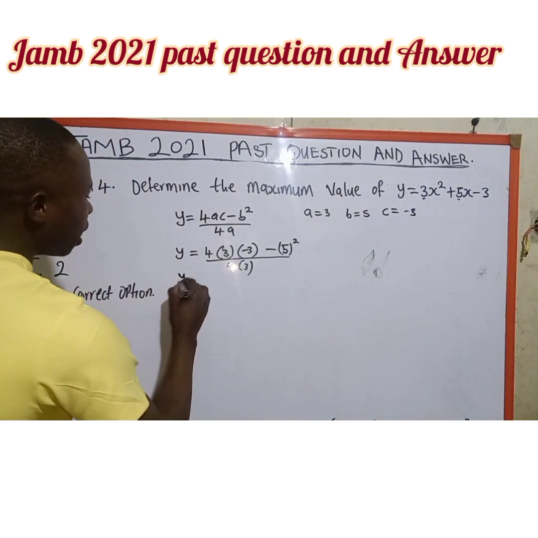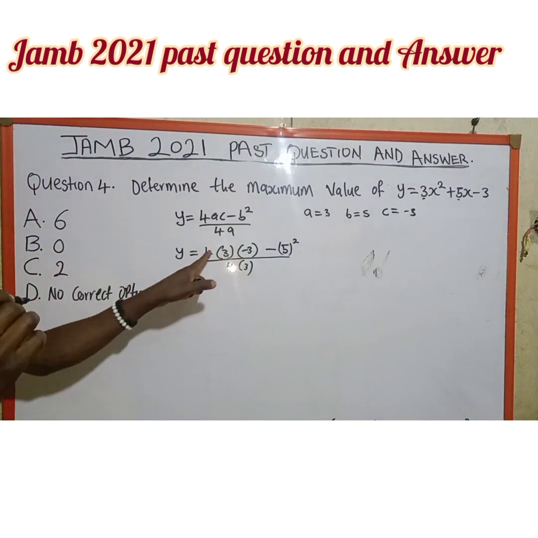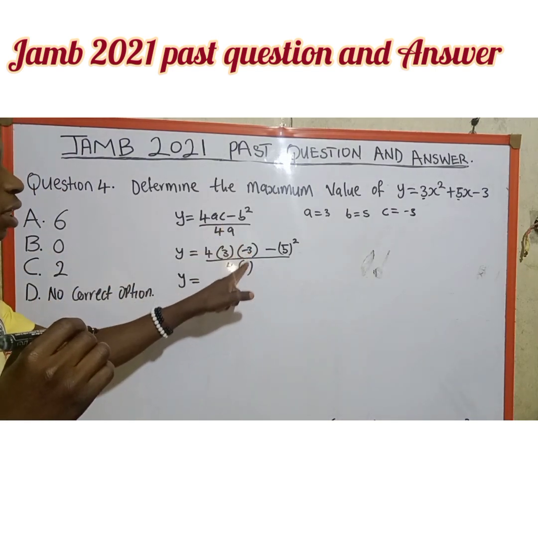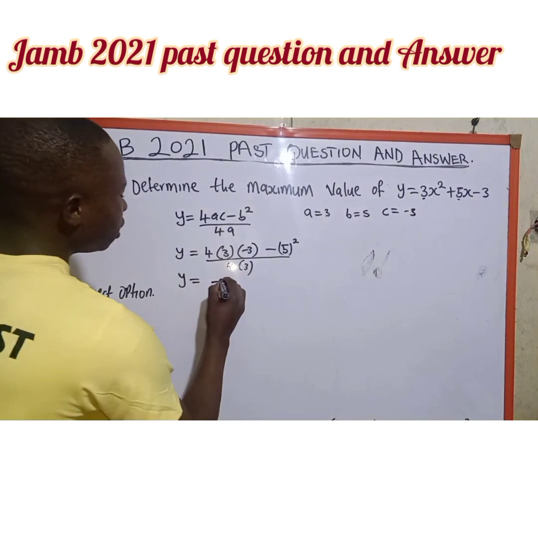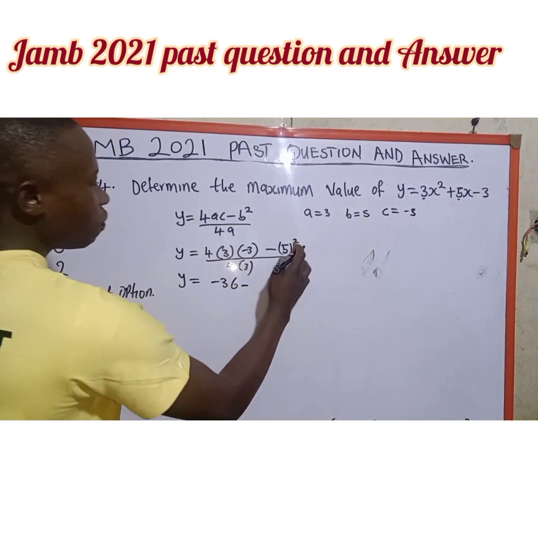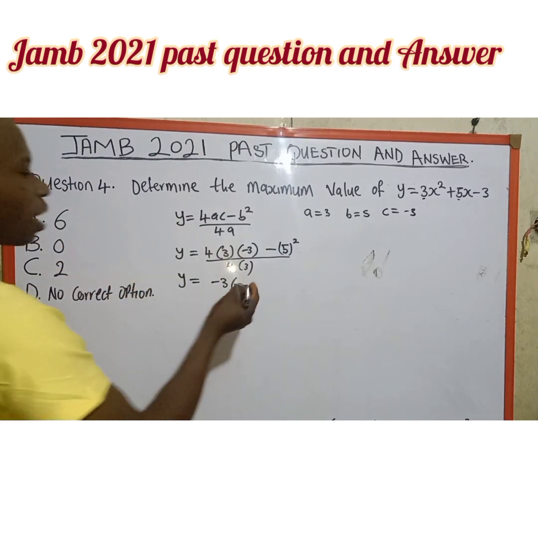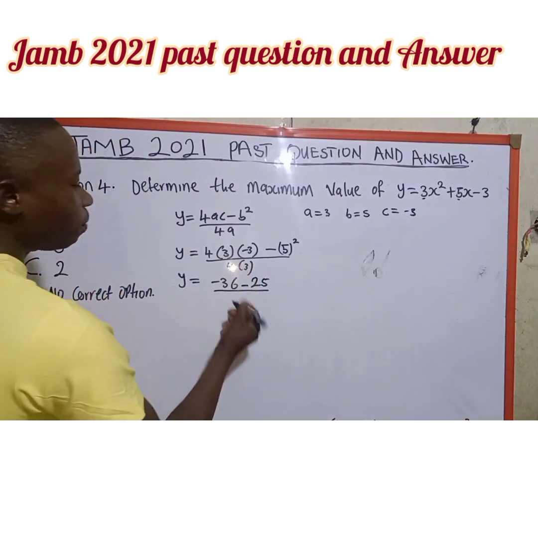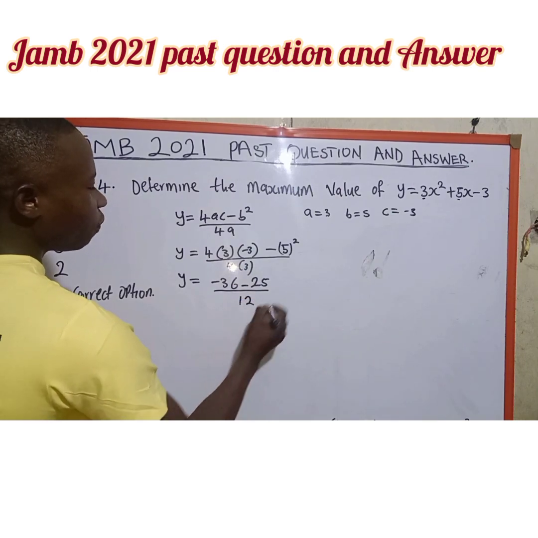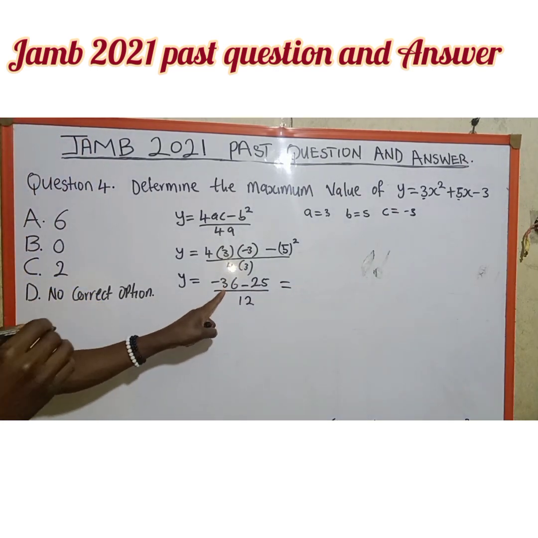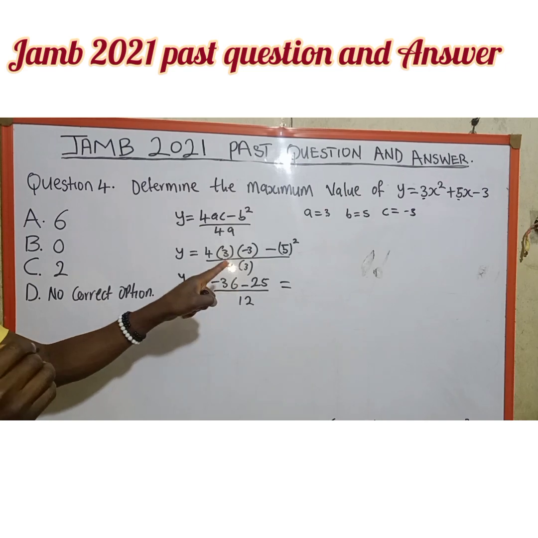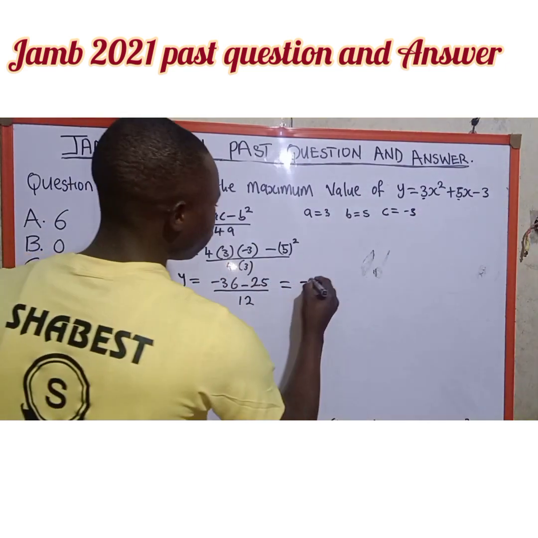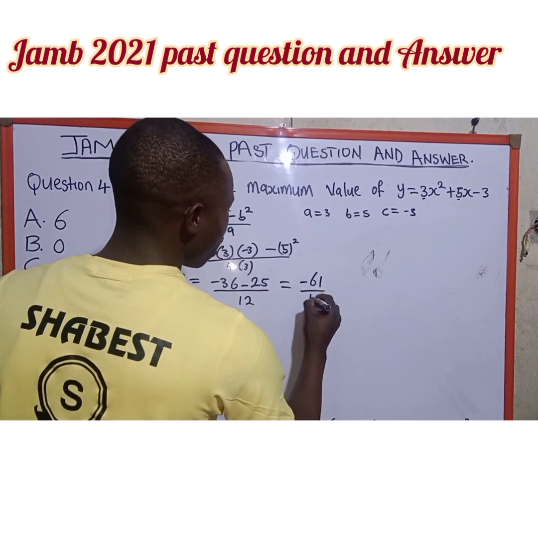So let's go further and simplify. 4 multiplied by 3 is 12. Then 12 multiplied by negative 3 is going to give me negative 36. Then minus 5 squared, meaning 5 multiplied by 5, is going to give me 25. Then over 4 multiplied by 3 is going to give me 12, which is equal to negative 36 minus 25, which is going to give me negative 61, then over 12.